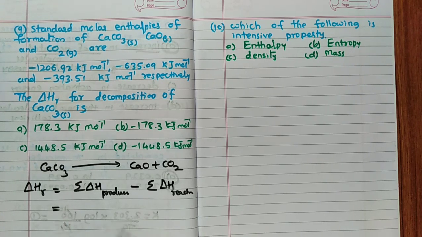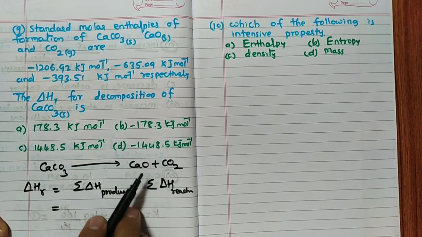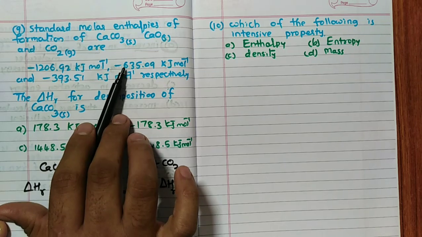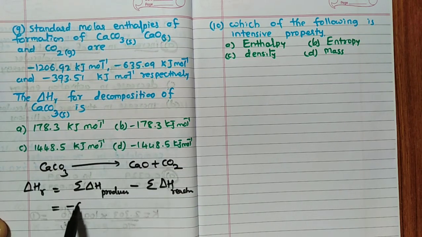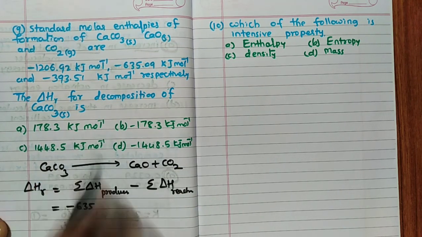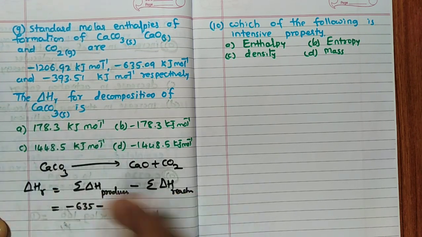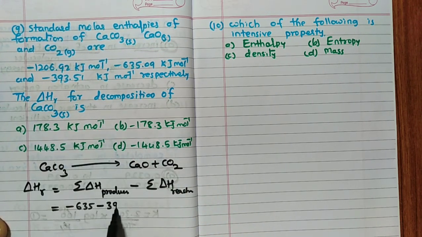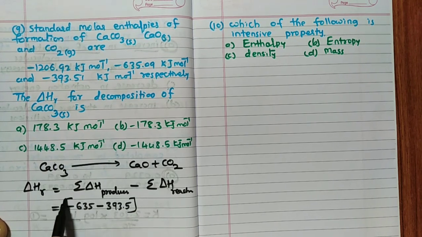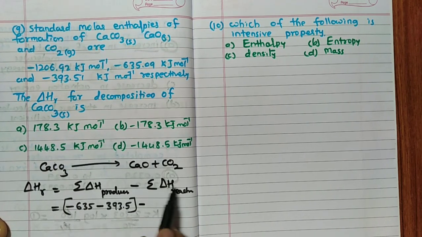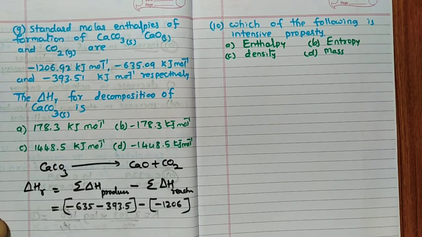So for the products, you have to add the enthalpies of CaO and CO2. CaO is minus 635.09, I will leave it. Minus plus minus gives minus 393.50, whole minus delta H of the reactant, which is minus 1206.